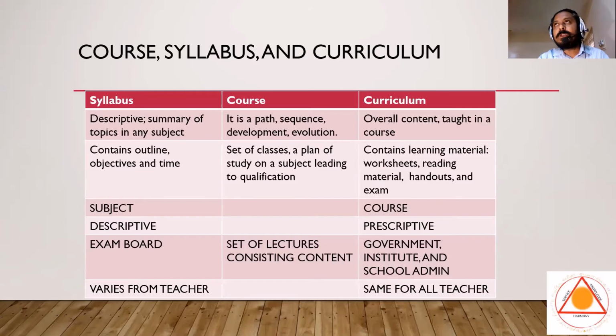For example, you are going to study English language and teaching ELT1, that is the name of the subject, and it describes what topics you are going to learn, right? So it has an outline, it has an objective, maybe 1, 2, 3, or more than 4 objectives, and it has a specific time.